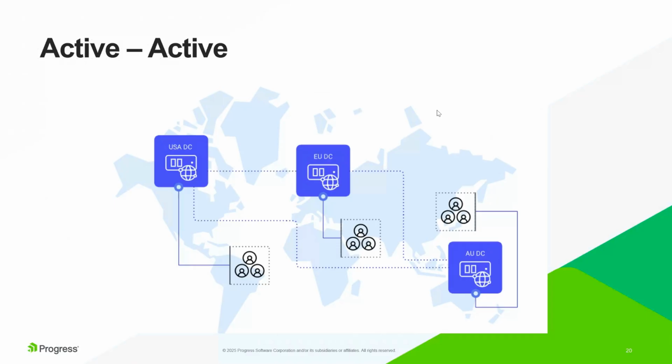In this deployment, we're looking at an active type deployment, meaning that we have multiple resources in one geographical location or spread across the globe. Now, this could be on-prem, completely in the cloud, or a hybrid approach.